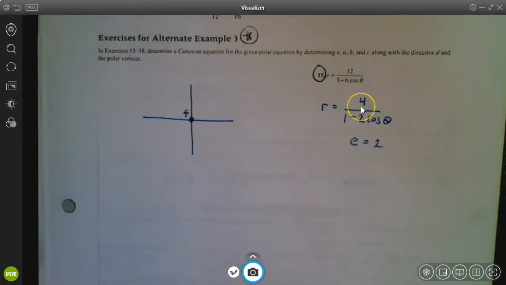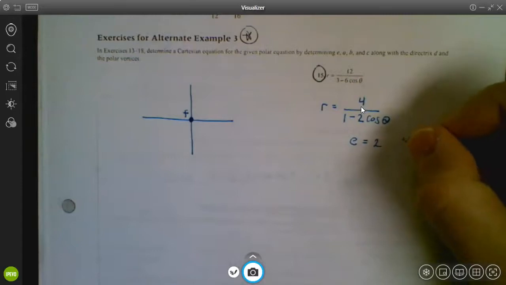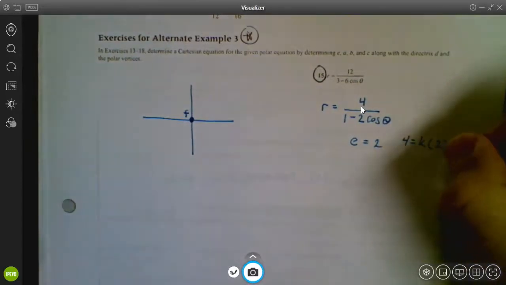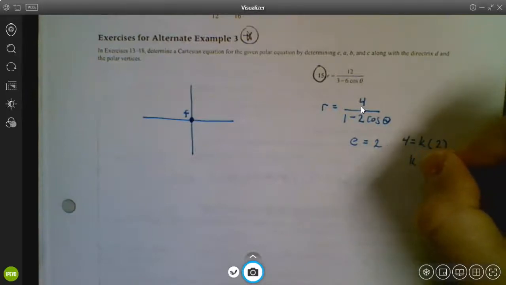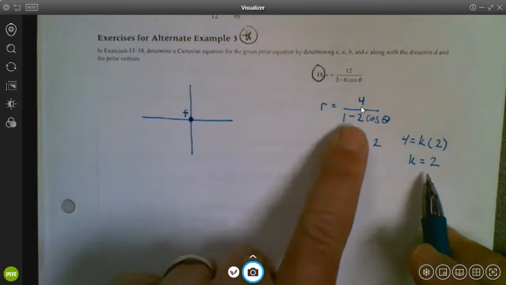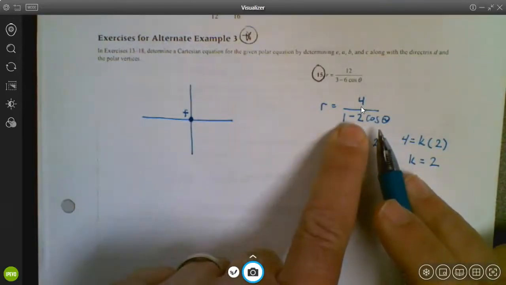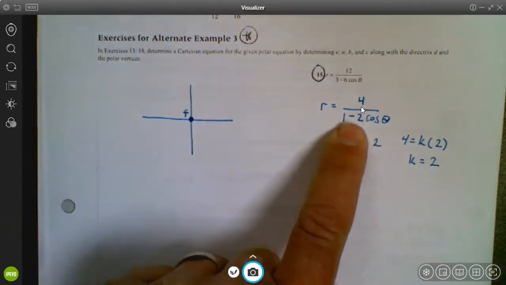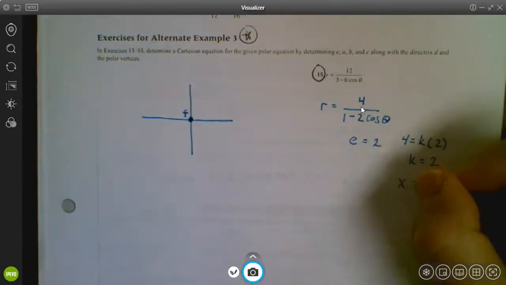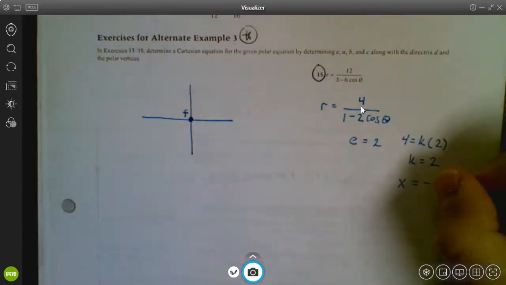So anyway, remember that this equals KE. So if 4 equals KE, I also know that my K value is 2. I know that my directrix, remember, so if this is a cosine, then my directrix must be x equals my K value. And so if this is negative, then so is this.